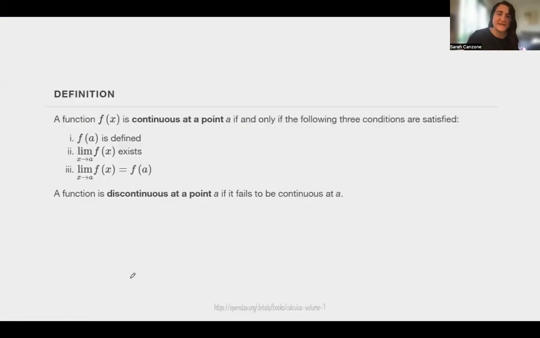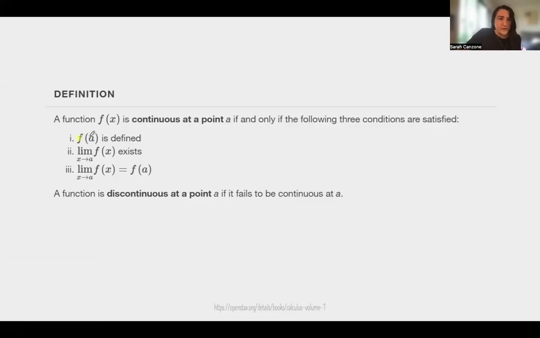All right, so first let's get the formal definition of what it means to be continuous at a point. While we may have thought of the word continuous as slightly different before we got to calculus, now we have a more calculus-based definition. We need three requirements to be satisfied in order to be continuous at a point.